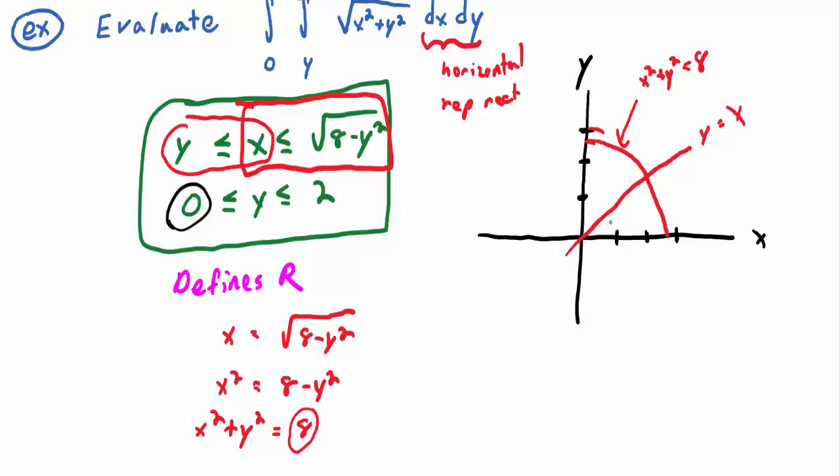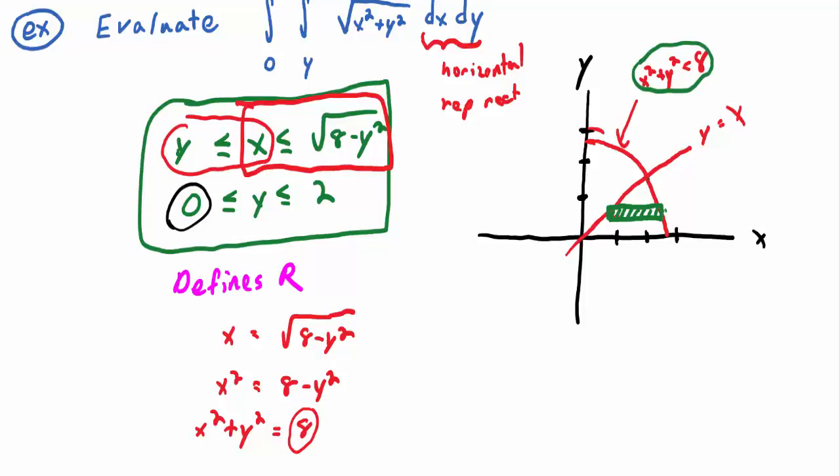It's got to be here. This has to be your horizontal representative rectangle. Why? Because if you look at the left end of the rectangle, that's y, and if you look at the right end of the rectangle, that's the circle, right?